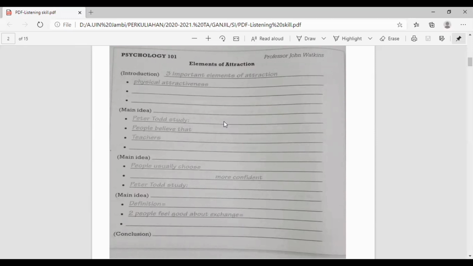Was the relationship happy? Probably not. If two people feel good about their exchanges, they will continue in the relationship. And if not, the relationship can grow weak. So, in conclusion, there are three major elements of attraction that are important for all relationships: physical attractiveness, similarity, and exchange. Any questions?